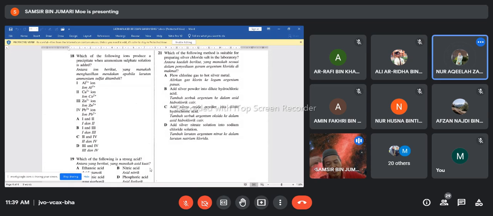We have to know what reaction takes place in this mixture of the solution. What are the reacting particles?